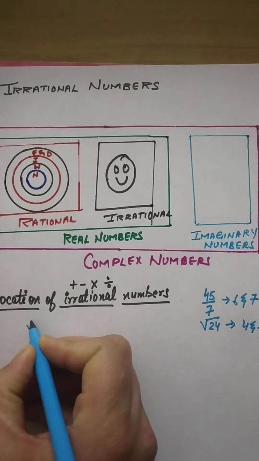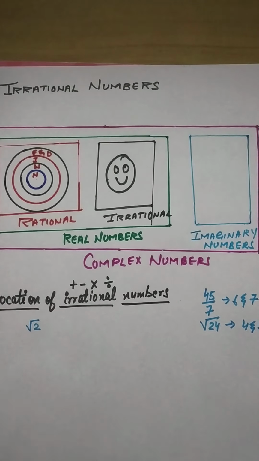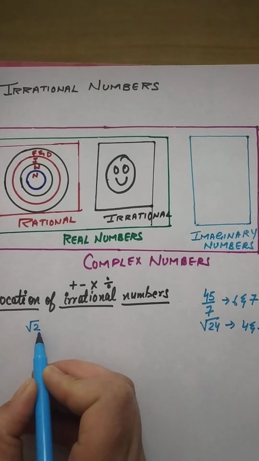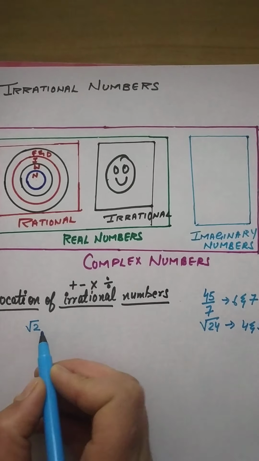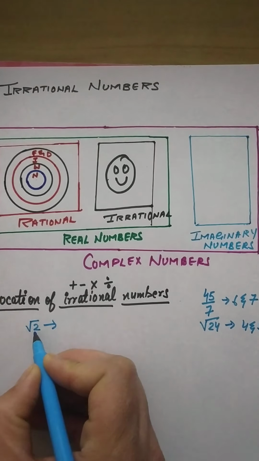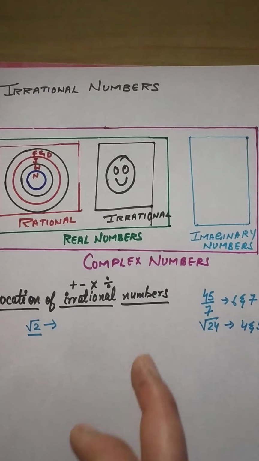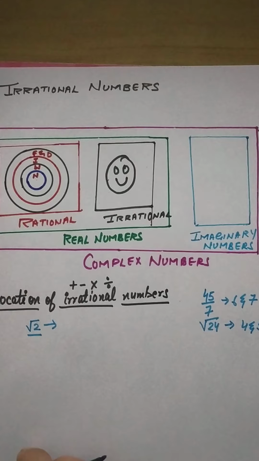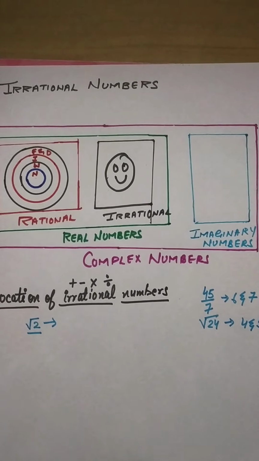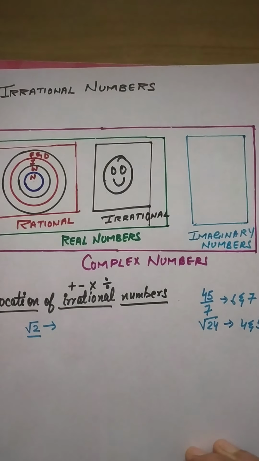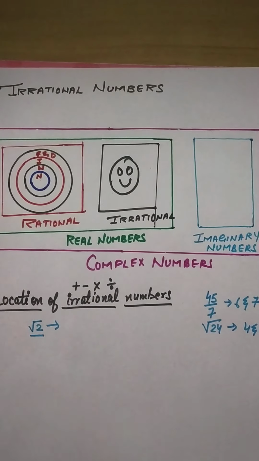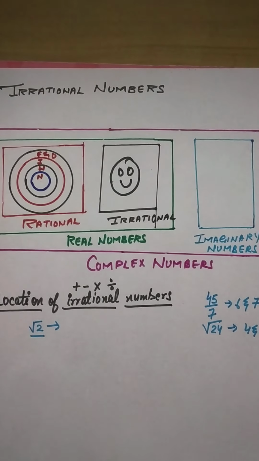Suppose root 2, we cannot locate it through its decimal form. But if we can get root 2 somewhere through our geometry, then we can pick up that root 2 and place it on our number line. I told you why geometry, because roots are encountered in geometry only.